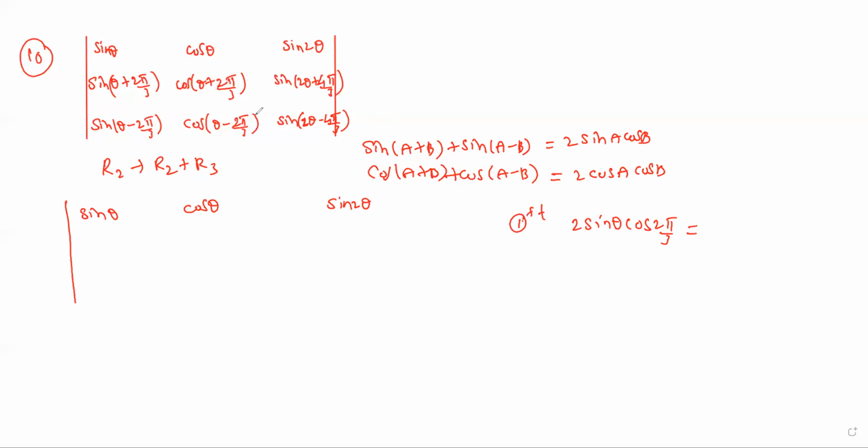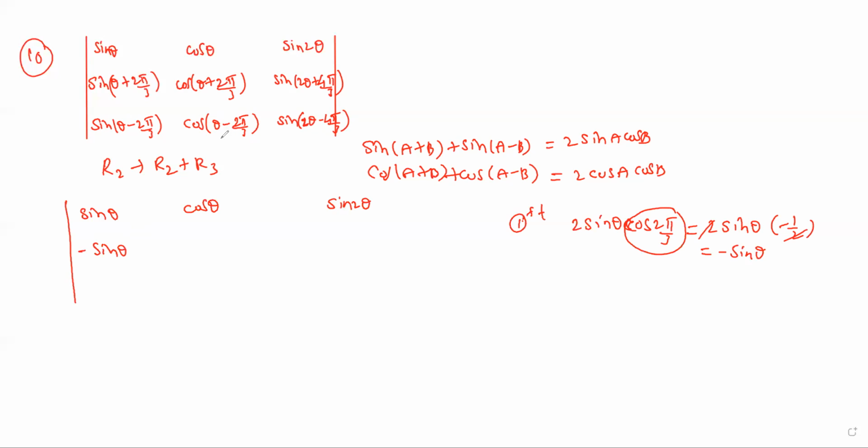I am only simplifying here rather than expanding at length. Now cos 120 is clearly minus 1 by 2. So this is 2 sine theta into minus 1 by 2. The total value we got here is minus sine theta.